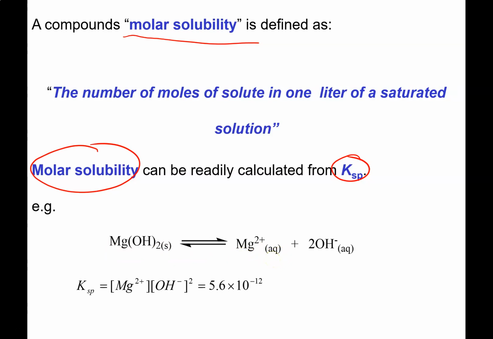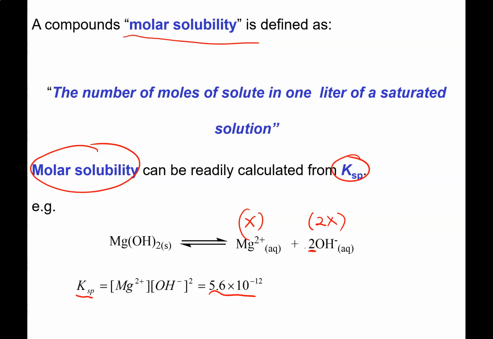This is really sparingly soluble, so it's going to have a small Ksp, which it does, 5.6 times 10 to the minus 12. But we know that for every x moles of this, I'm going to get 2x moles of this, because of the coefficients here.